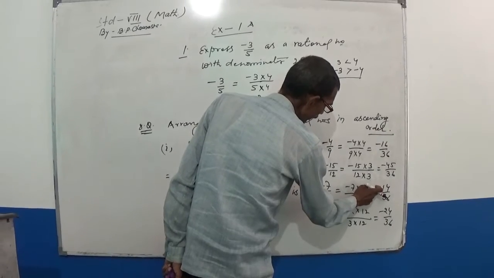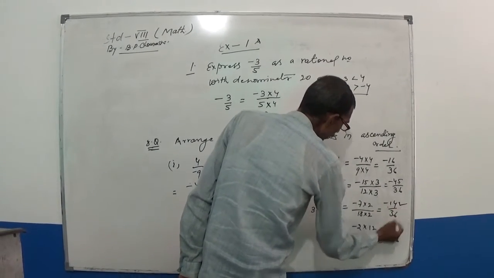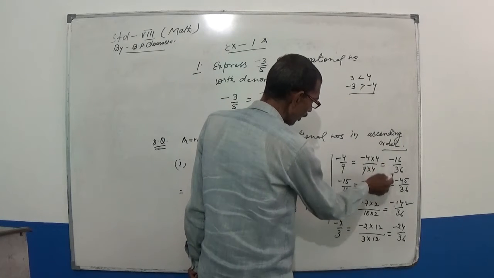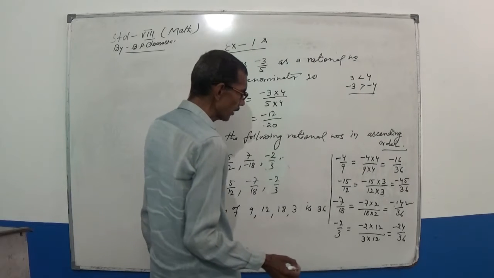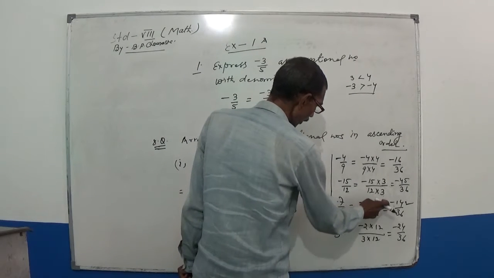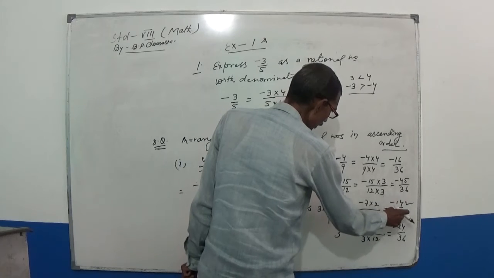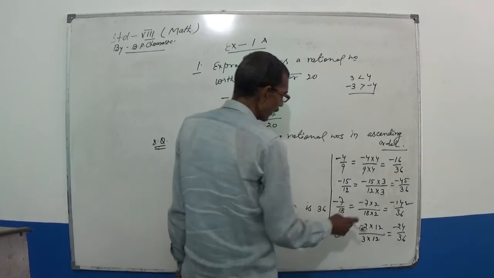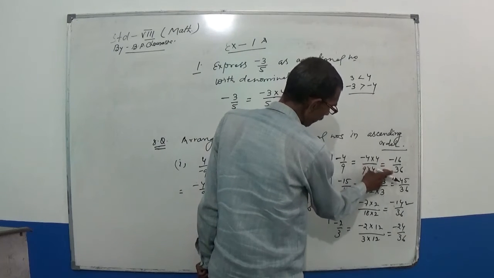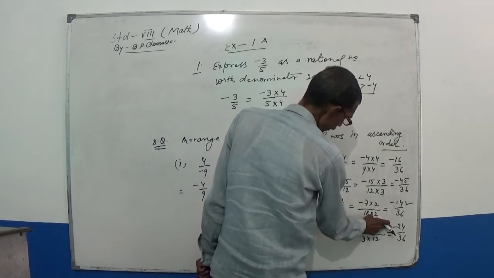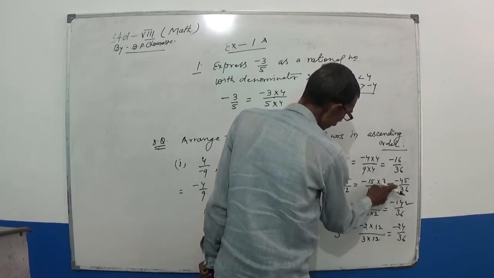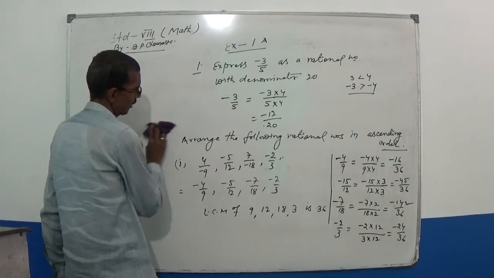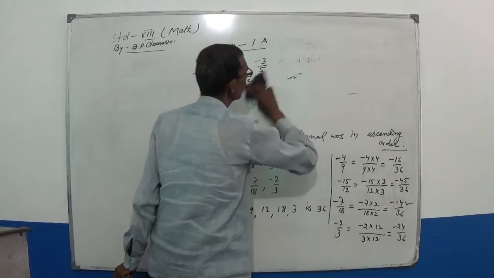The magnitude of minus 14 is smaller than all the other numerators of the given rational numbers. So minus 14 by 36 is greatest among all. Next are minus 16 by 36, minus 24 by 36 and minus 15 by 36. Now arrange these in the given form, ascending order.